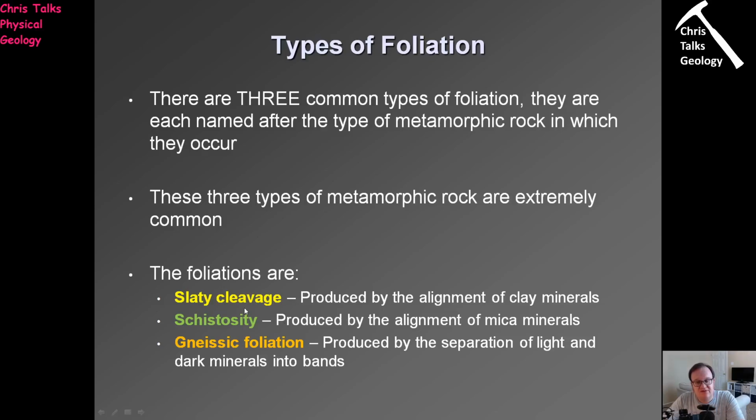And finally, we have a gneissic foliation, and that's when our rock separates into the light and dark bands. And we discussed that's a question of remobilization, and that's a little bit more difficult to explain. Obviously, once again though, the bands that form in the gneiss, well, they will tend to form at 90 degrees to the direction in which the rock is being squished. Not always the case, but most of the time they will.